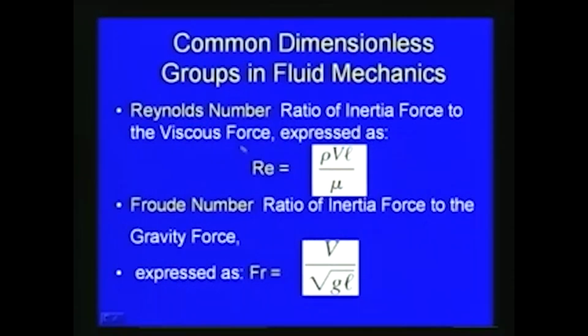The Reynolds number is the ratio of inertia force to viscous force. The two important forces in most fluid flows are the inertia force and the viscous force. The Reynolds number is expressed as Re = rho V L / mu, where rho is the fluid density, V is the velocity, and L is the characteristic length.